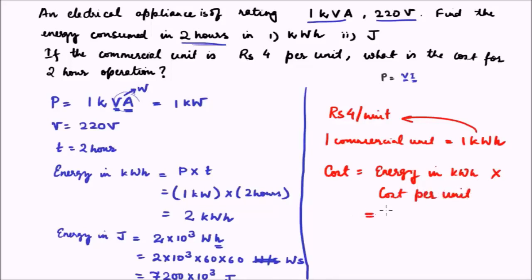This gives me simply 2 kilowatt hour into rupees 4 per kilowatt hour, and that means we need rupees 8. Rupees 8 in order to operate this device for 2 hours.